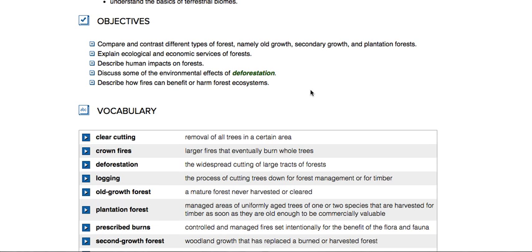So I want to just take a few minutes here and talk a little bit about some of the main points in the lesson before we get into the project. If you remember, some of you might, some recent seasons, if you've watched the news, about these intensely huge forest fires that have affected particularly the western part of the United States.